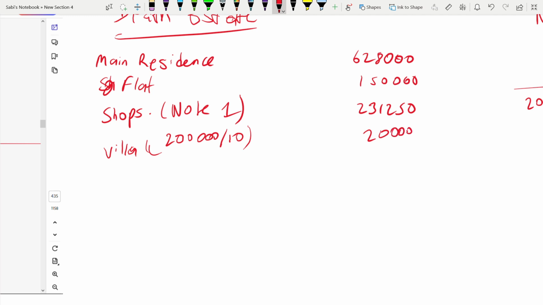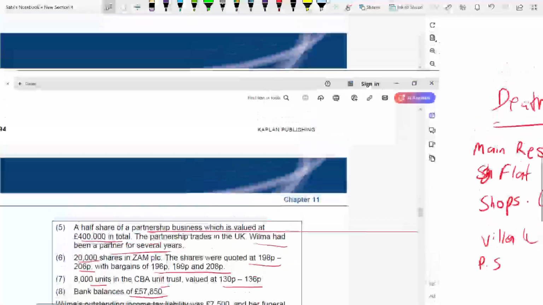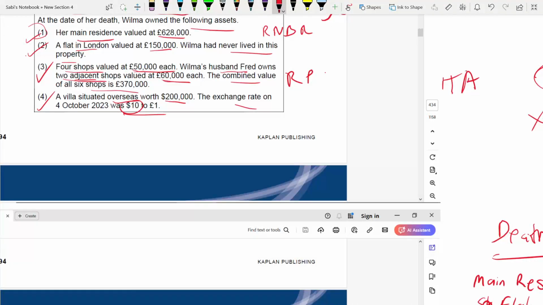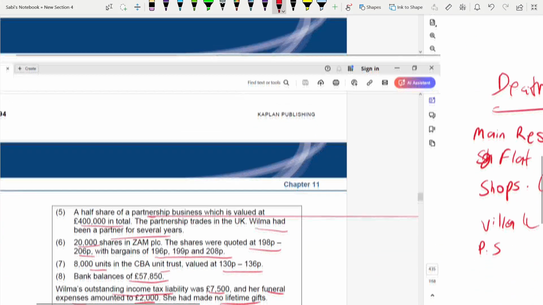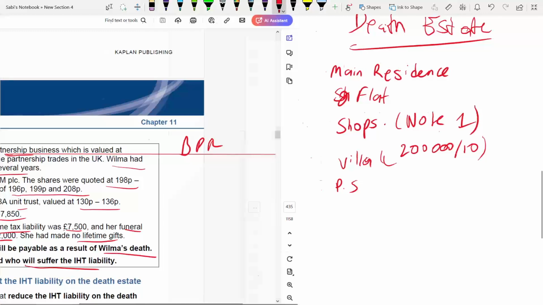No issue. Coming next, partnership share. PS. Partnership share also. Next, so the fourth one we finished. You see, like this in order you can go. Partnership share half. So just take 400 divided by 2. But remember, this is partnership share. He has been in partner for several years. Because partnership, we can claim what? BPR. 100% you can deduct.